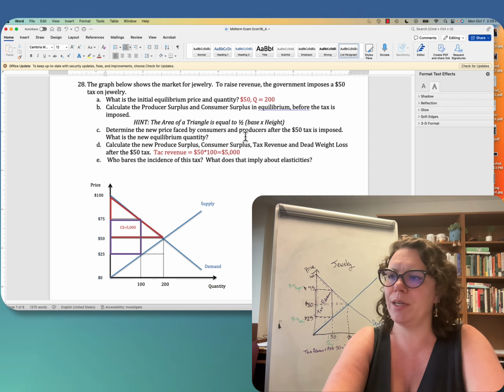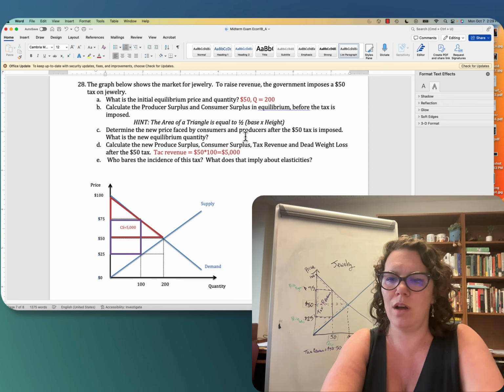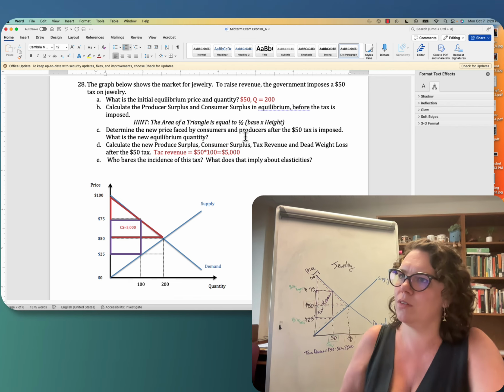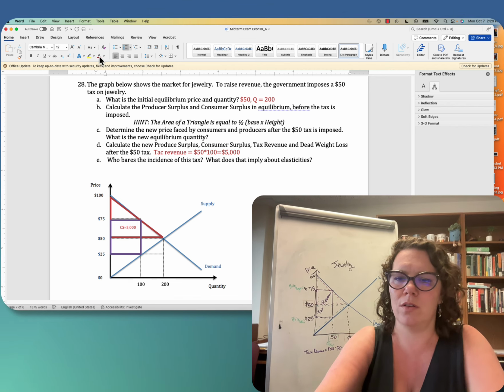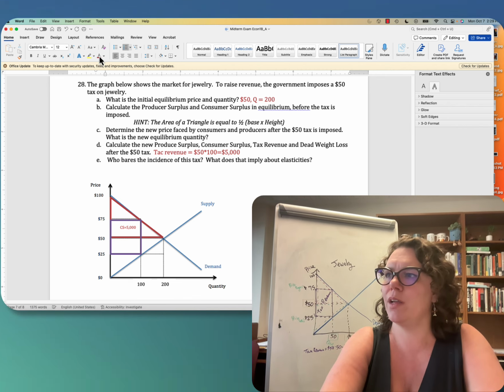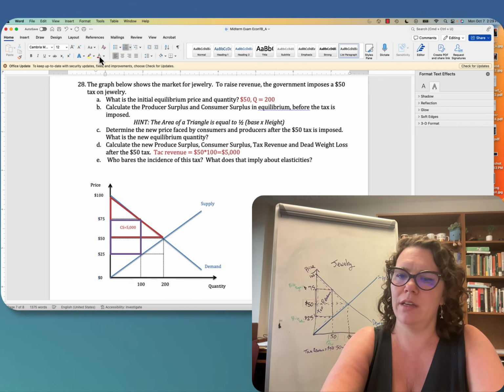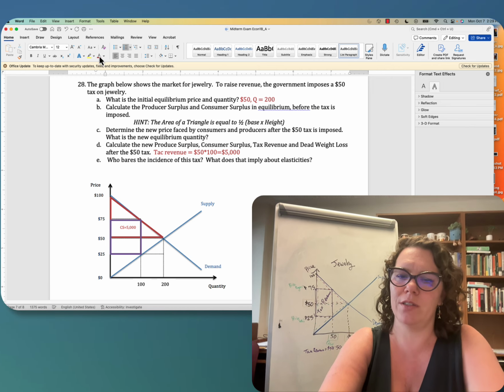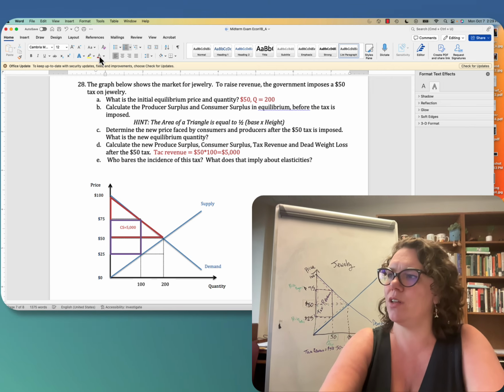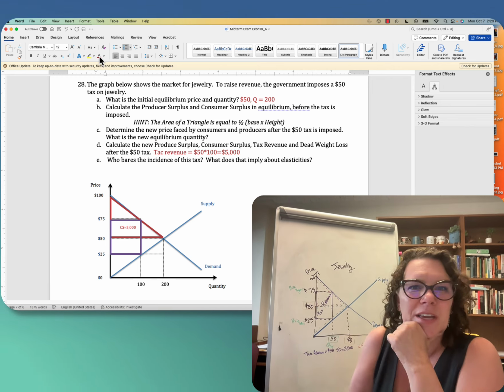Our new equilibrium here is going to be a quantity of 100. The price to sellers is $25, and the price to buyers is $75. Does that make sense?